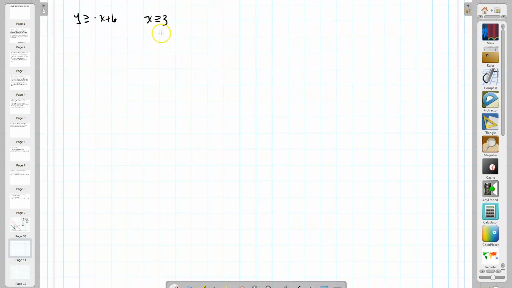So we're going to use the substitution method to take this x value and substitute it into this equation. So we end up with y greater than or equal to negative 3 plus 6. So that means y must be greater than or equal to 3. So the coordinates of that vertex, vertex A, are 3, 3.